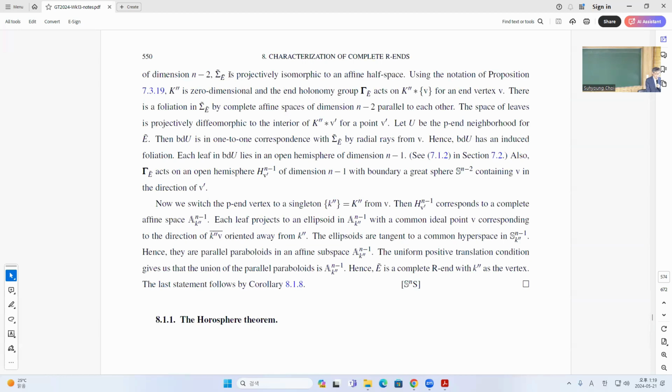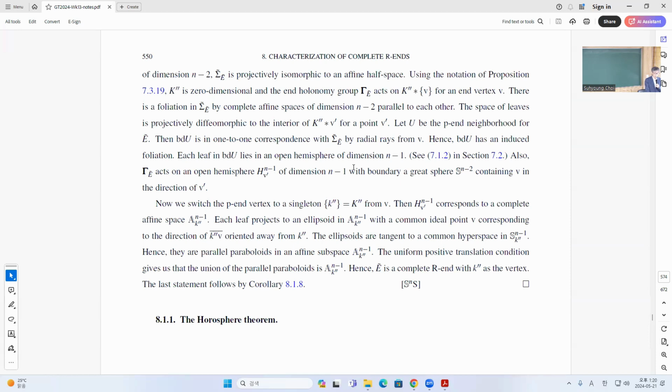And with the dimension like this, this is projectively isomorphic to an affine half space. Then I need to verify that if I switch back the vertex to the original one, then I can get the complete affine, complete RPN end.